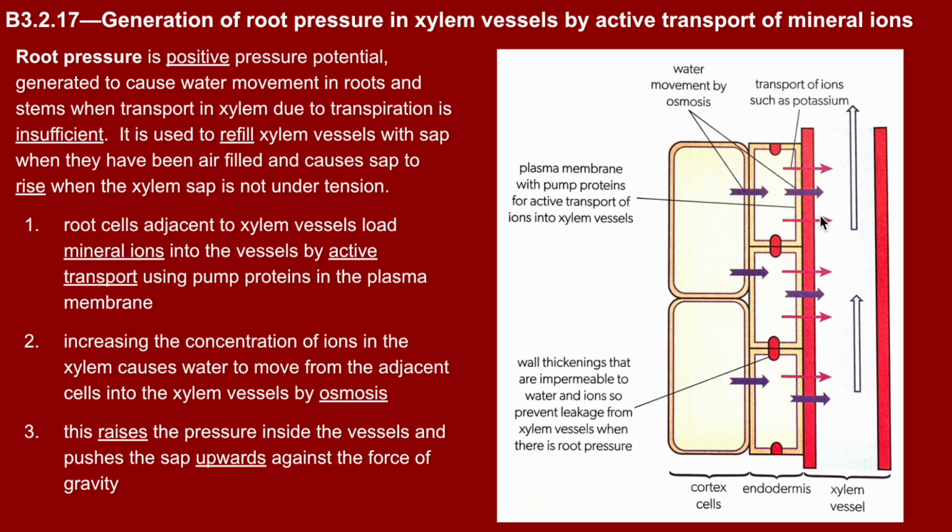Water always moves from low to high solute concentration. Now we discussed how the xylem have those lignified, rigid walls, and so we're going to see that water moves in and has nowhere to go except up the xylem. And so that root pressure is going to push water up the xylem and do what transpiration would have done, but just requiring ATP energy.